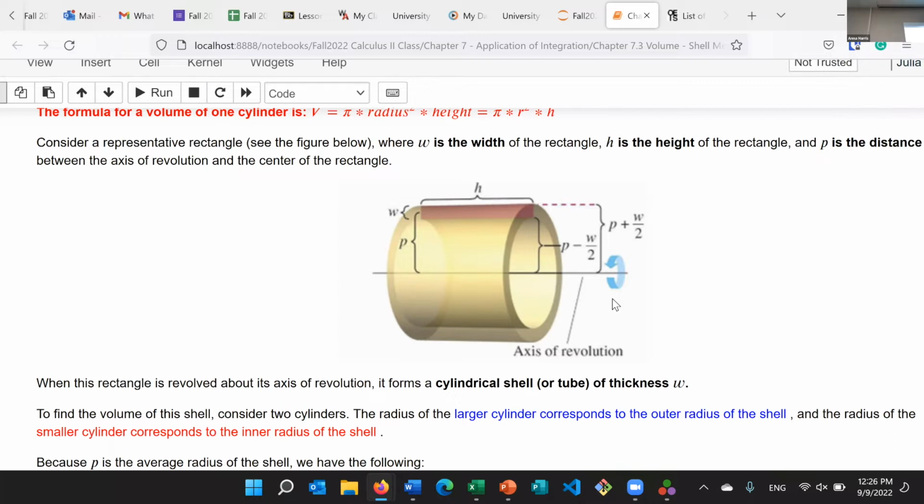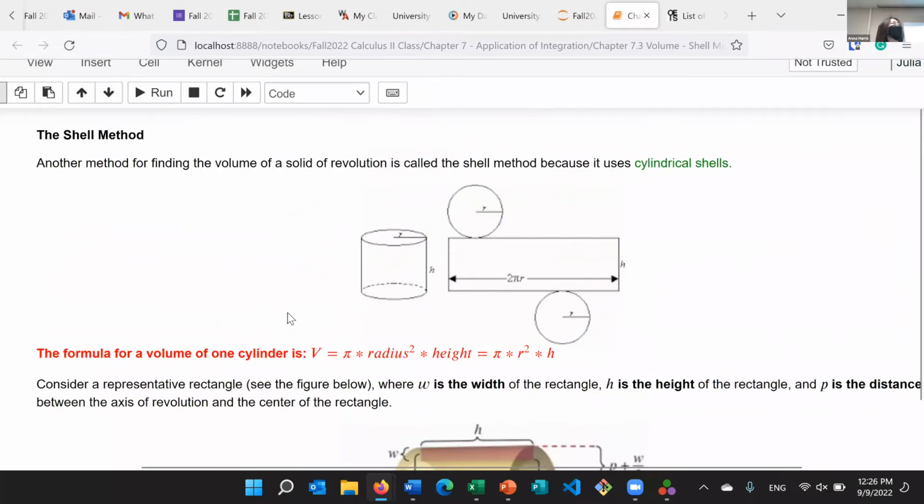And then the outer diameter will be a little bit bigger than what? Inside. Are you with me? So thinking about that, a shell is like a plumber's pipe. You just cut it a little bit. Not long, but just cut it. But you can think of each one of them like this.